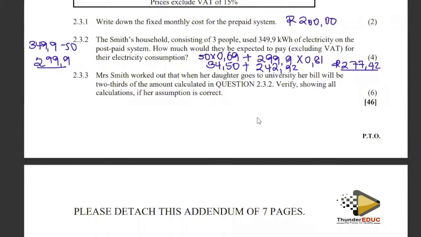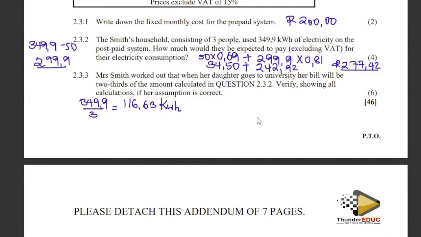First and foremost, we shall look for how much each person uses in the house. So 349 divided by 3. These are the units that we are looking at. So each person is approximately using 160 units.